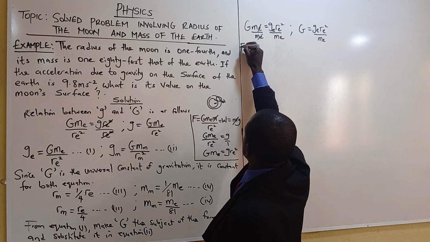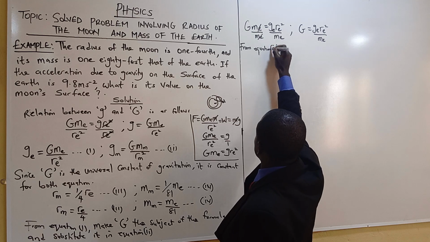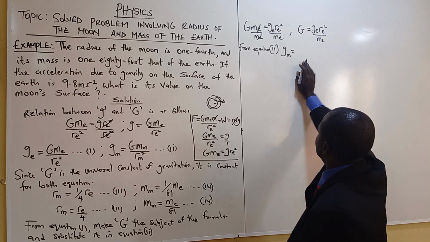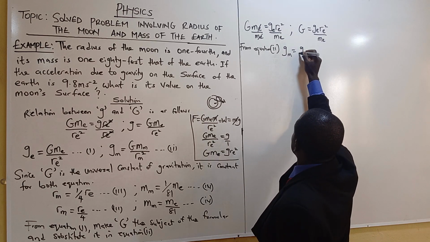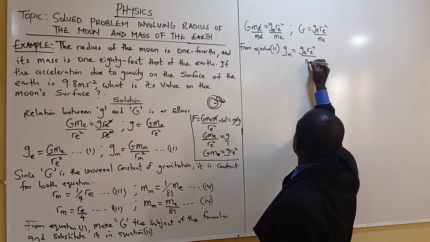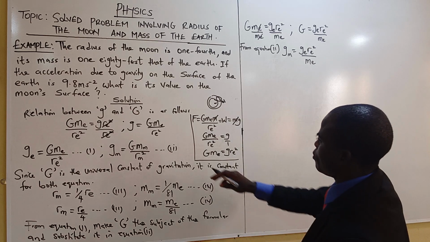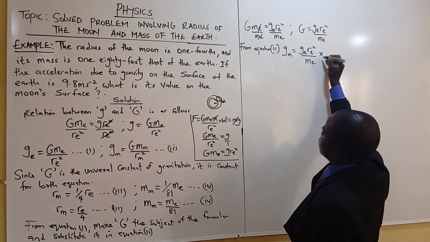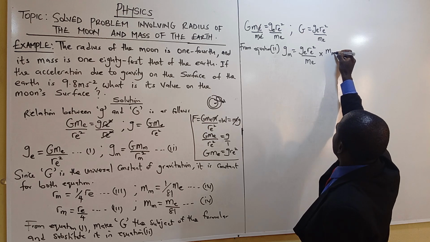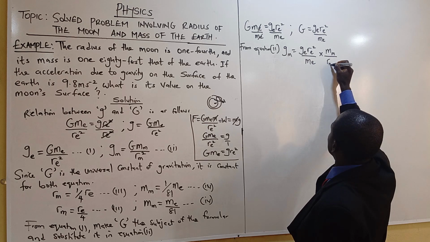Now from equation 2, your G M equals G, substitute it now, G E R E squared over M E. Okay, multiply by M, the mass on the moon, over the radius of the moon squared.